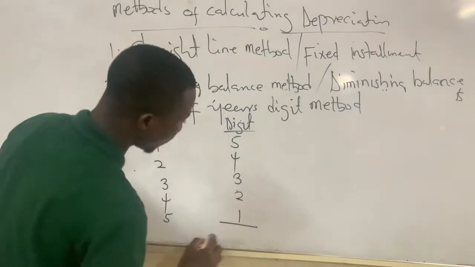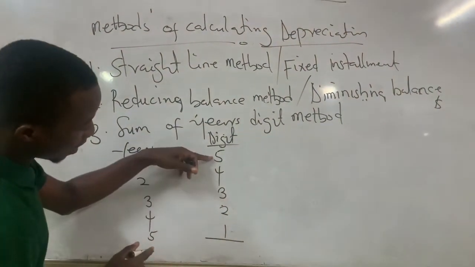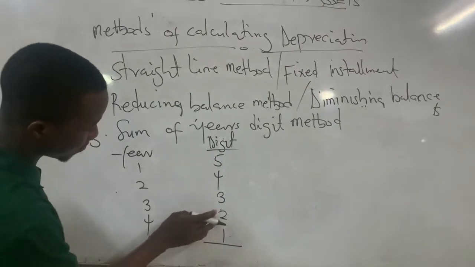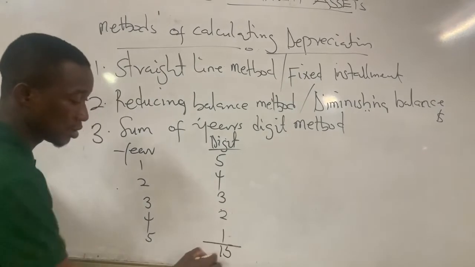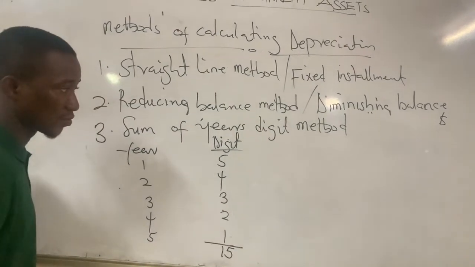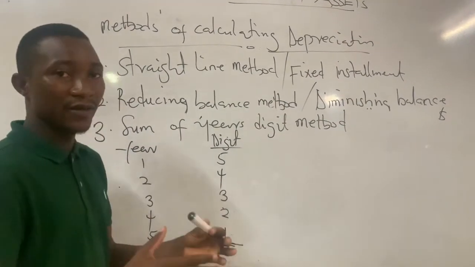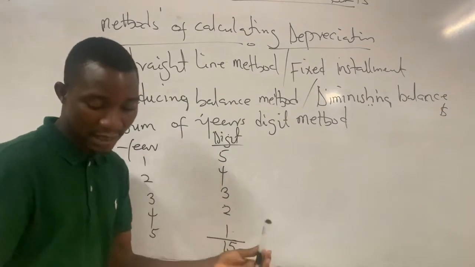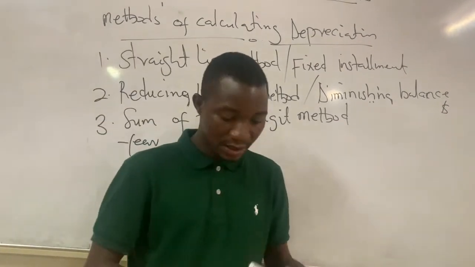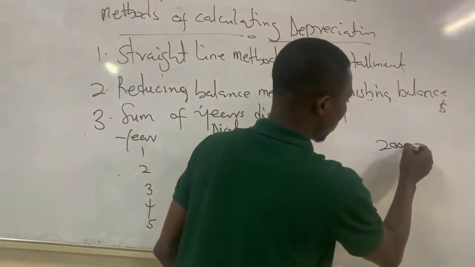So the sum of these: this is 5, this plus this is also 5, this plus this 5, so 15. This is the total sum of digits. So if the cost of the asset is, let's say, $200,000.